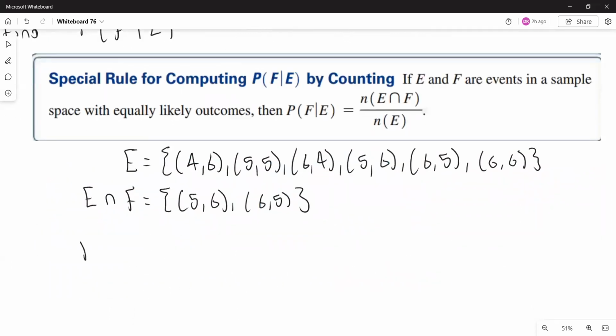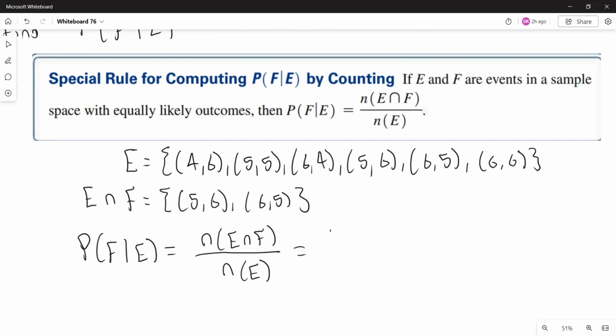The probability of F given E is the number of times that E and F occur over the number of times E occurs. So that is 2/6 or 1/3. So that's the probability to roll an odd number given that the total is greater than 9.